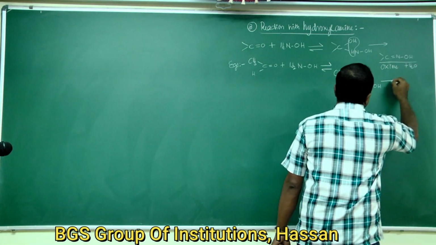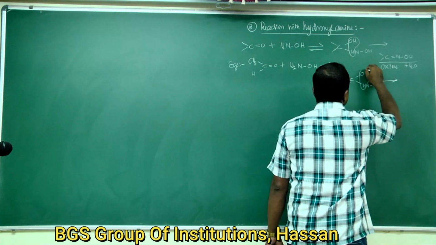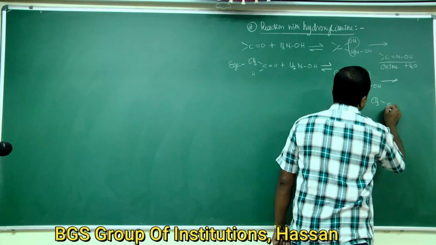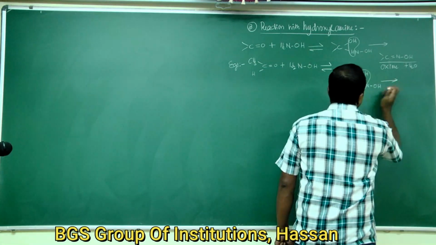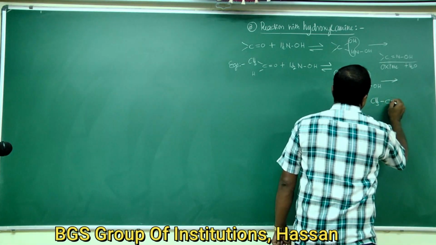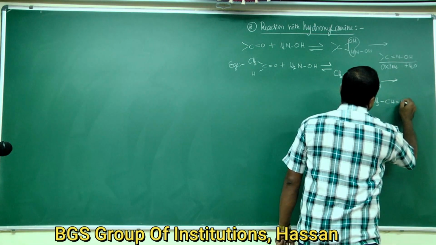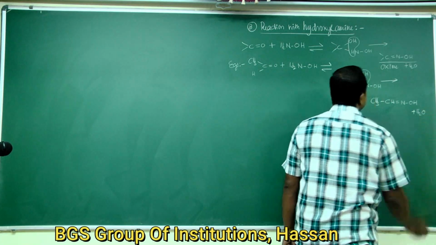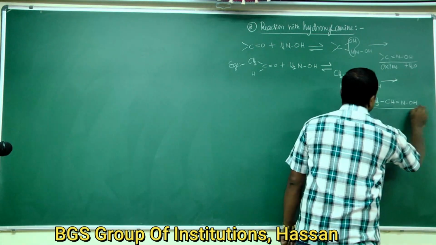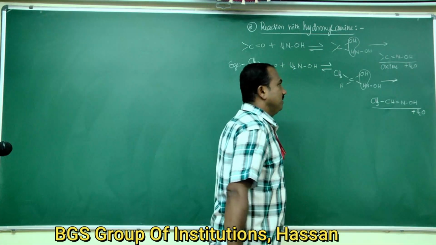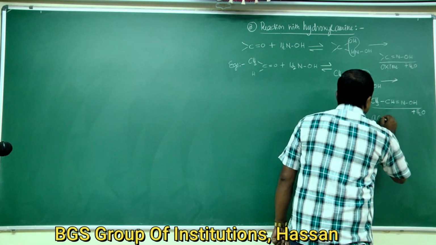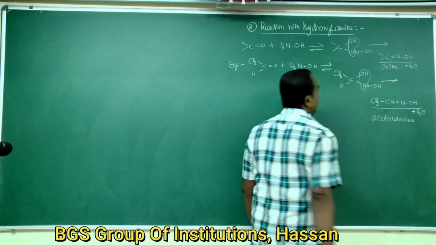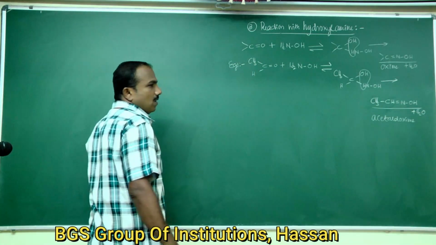Finally, on dehydration, that is removal of a water molecule, it gives the product CH3CH double bond N connected to OH plus H2O. The product formed is called acetaldehyde oxime.